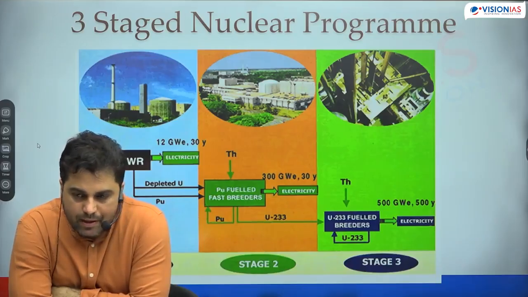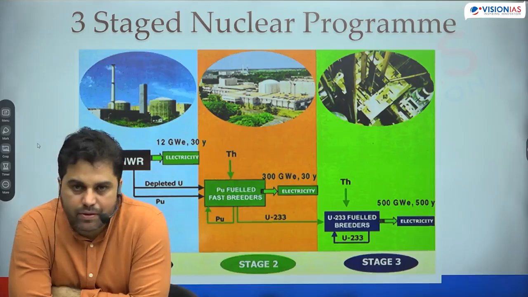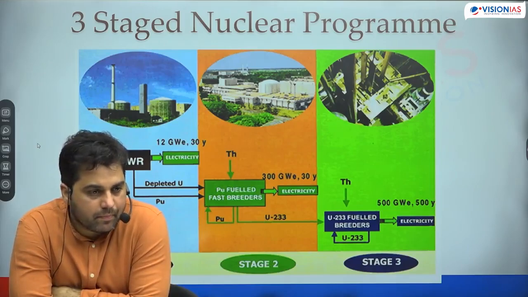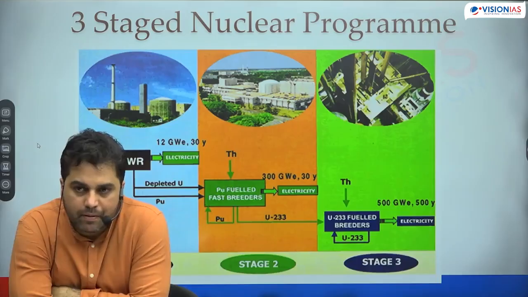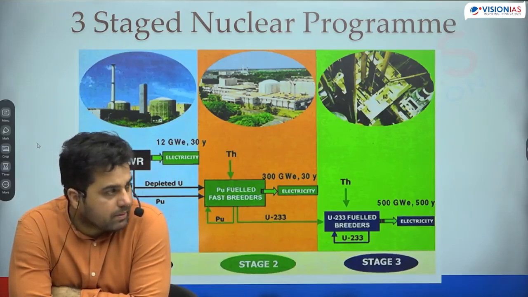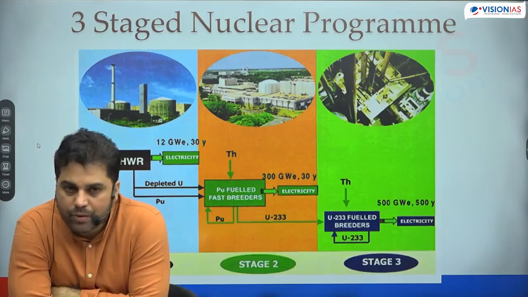Fast neutrons are not good at fission. But they can readily convert thorium into uranium.